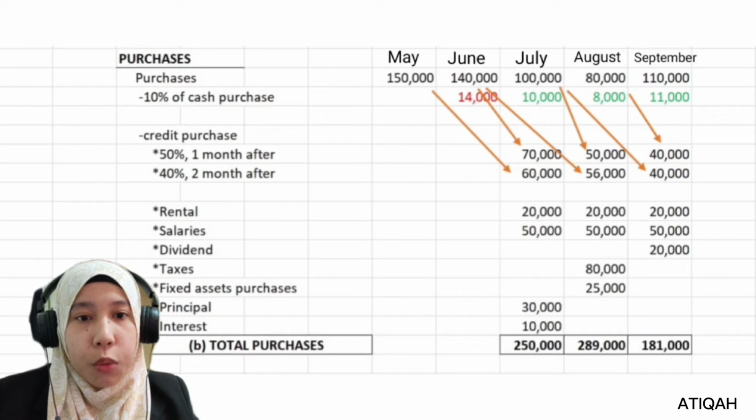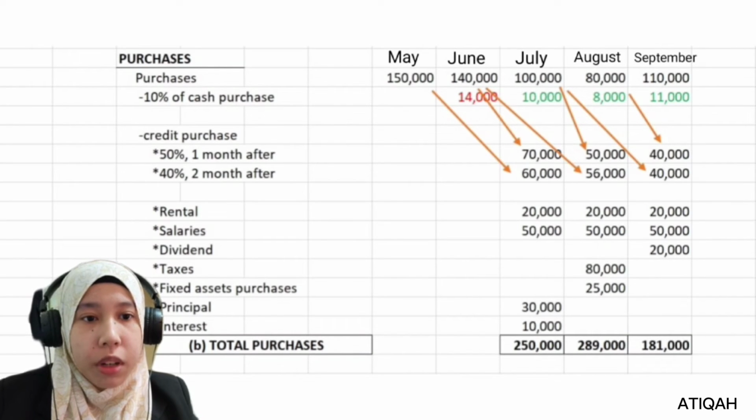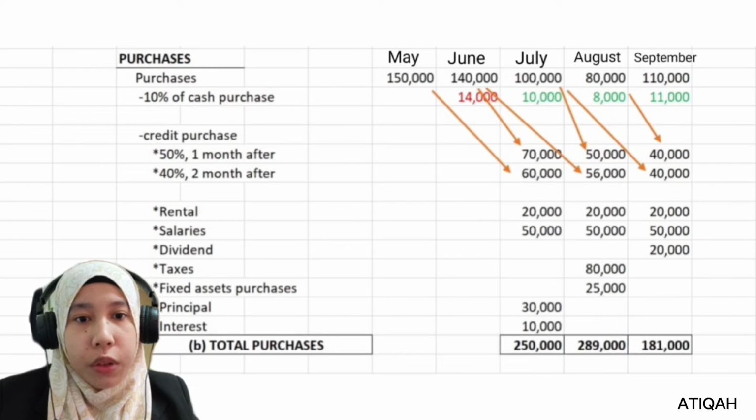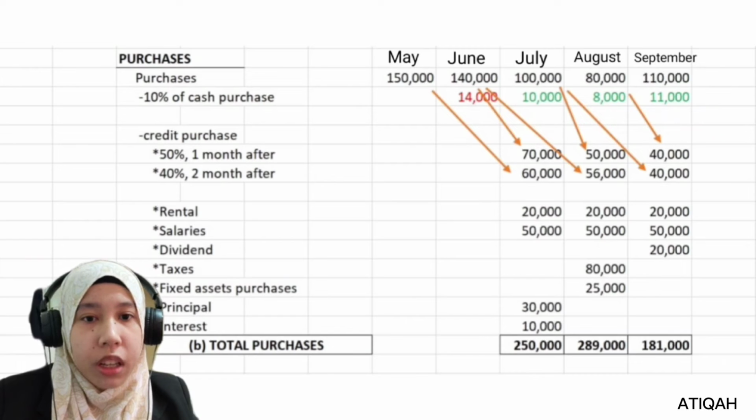The other 40% will be paid 2 months after the purchase. So, purchases made in May will be paid in July with the amount of 60,000 ringgit, 56,000 ringgit for June will be paid in August, and 40,000 ringgit for purchases made in July will be paid in September. Next, we have to identify any expenses that occur in the company. This includes rental and salaries that will be paid 20,000 ringgit and 50,000 ringgit per month respectively.